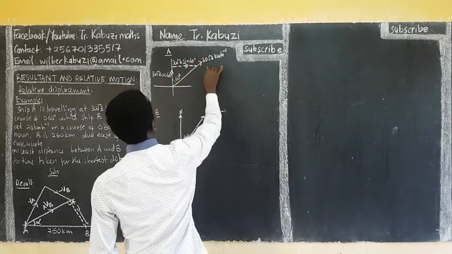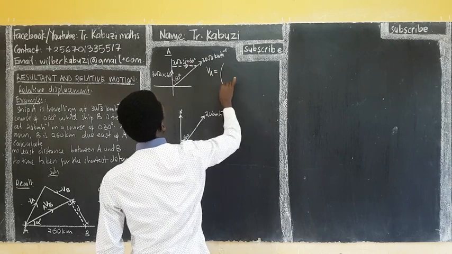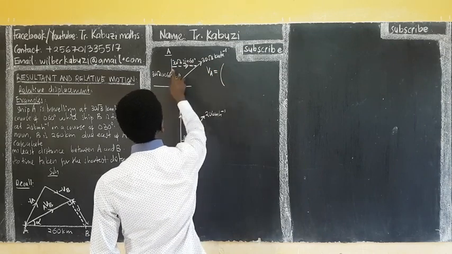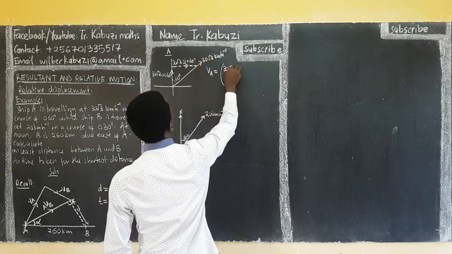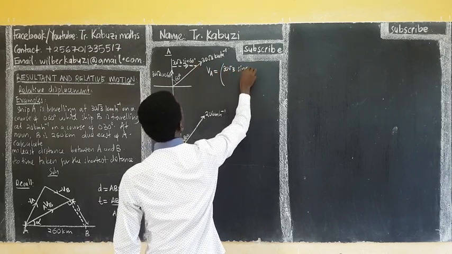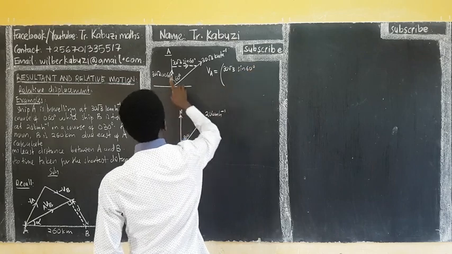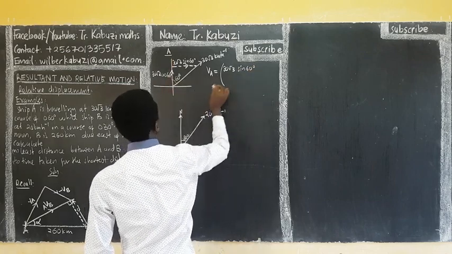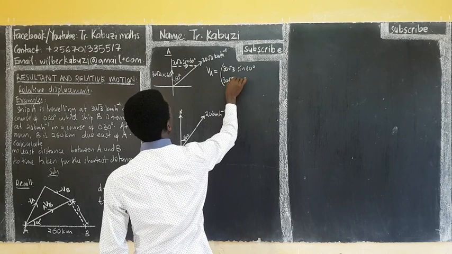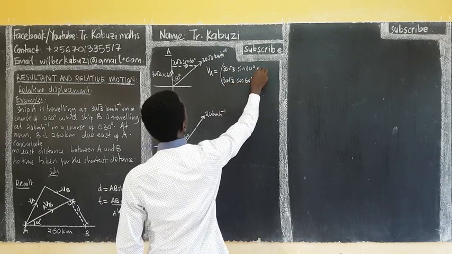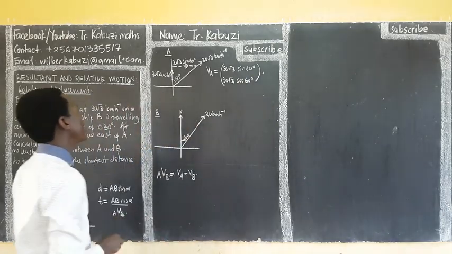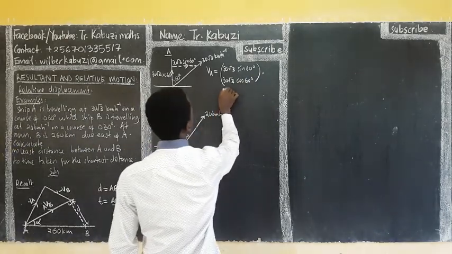And so my velocity of A, the horizontal component is going in the positive, so it's 30√3 sine 60 degrees. Then the vertical component is going in the positive, so it's 30√3 cos 60 degrees. Okay, so I have the velocity of A.